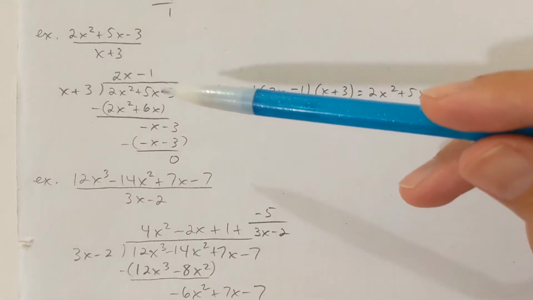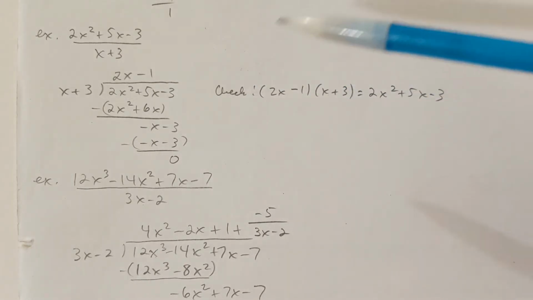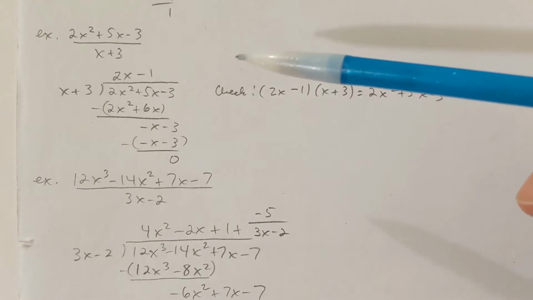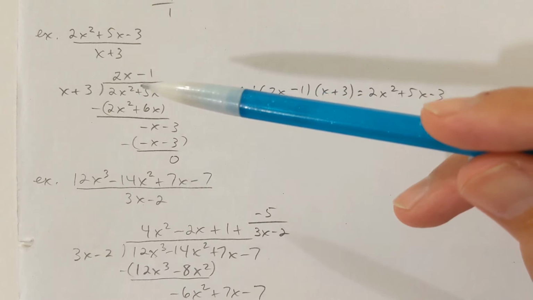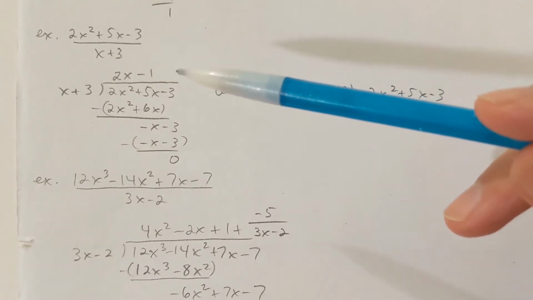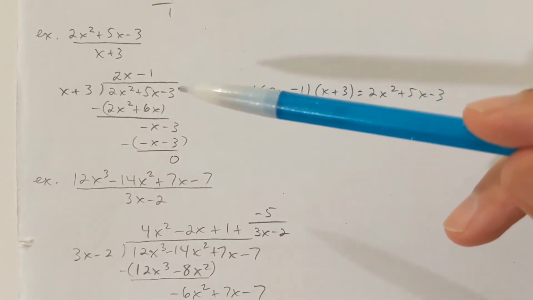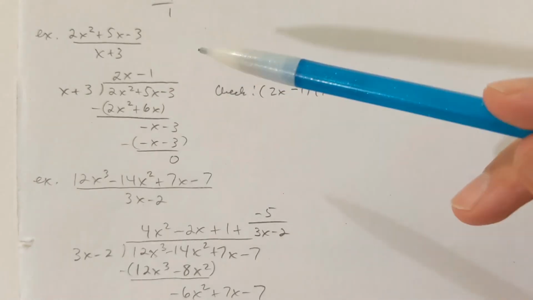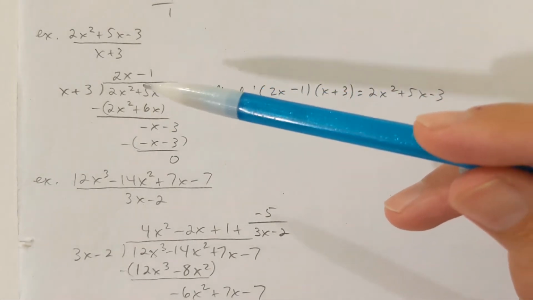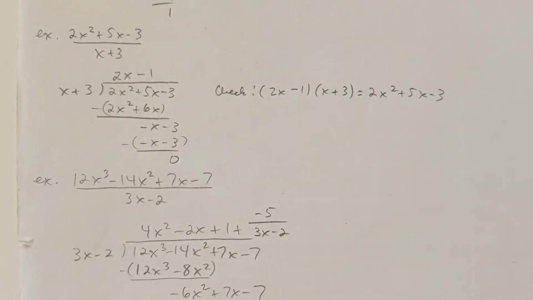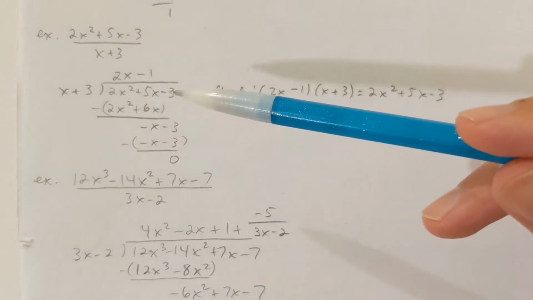The expression in the numerator is always going to go underneath it. I want to think of an expression such that the leading term, so what times x gives me 2x squared? Well, it'd be 2x. 2x times x gives you 2x squared, leading off.